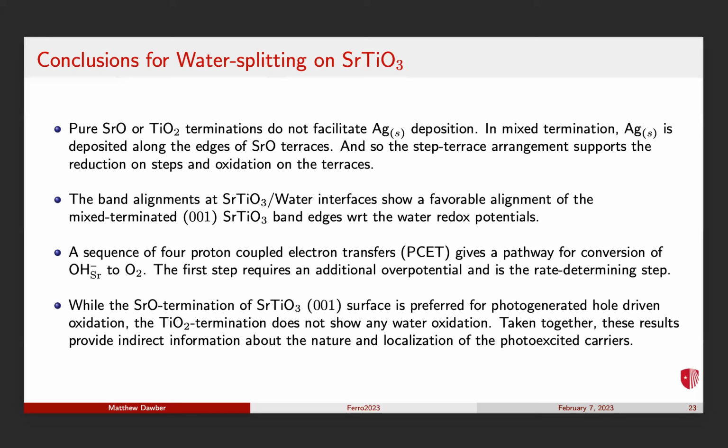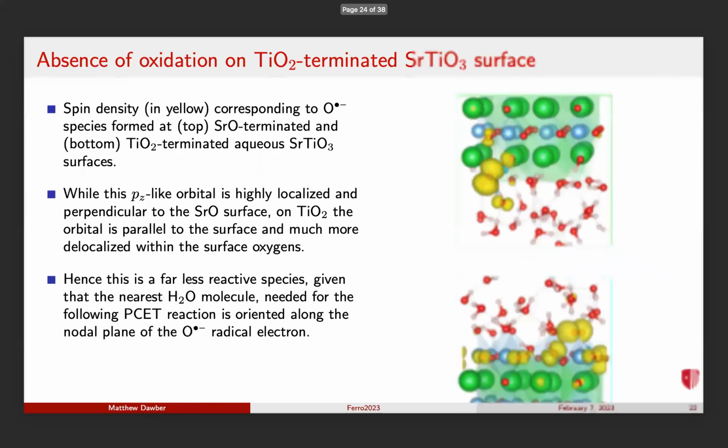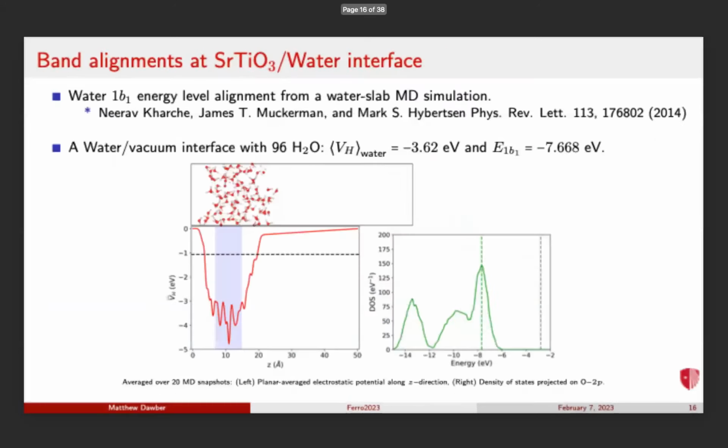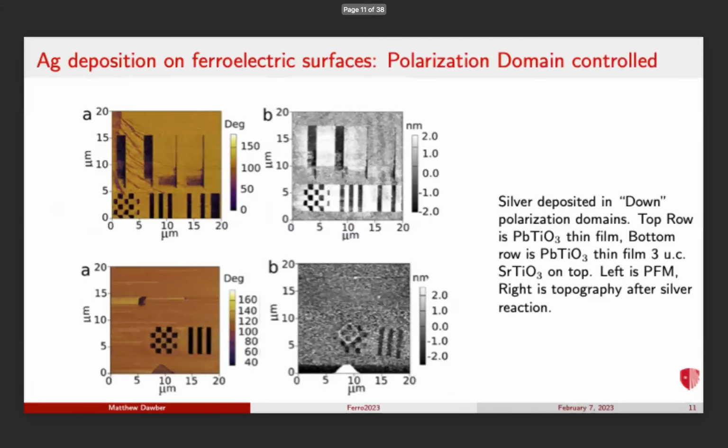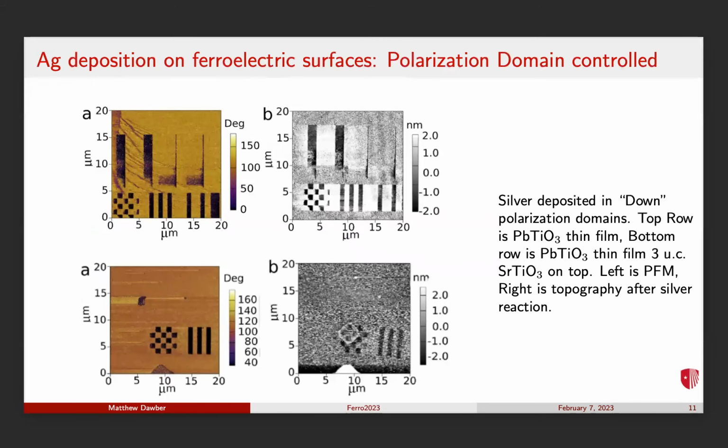A second question, I'm not quite following. Show the Kelvin motion on scale. Is that a follow-up? Oh no, so what it is, it is actually a lead titanate film about 20 nanometers thick, and then we put just 3 unit cells of strontium titanate on top. So that's where the ferroelectricity is coming from. It's a little bit like the superlattice approach, except instead of being a superlattice, it's just a strontium titanate capping layer.